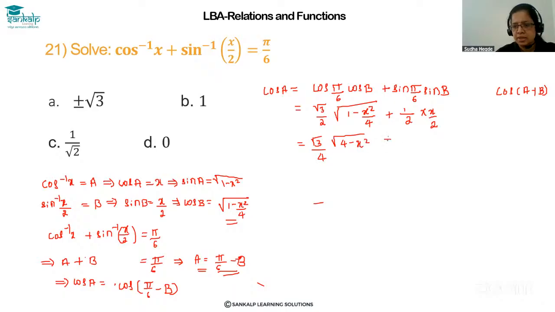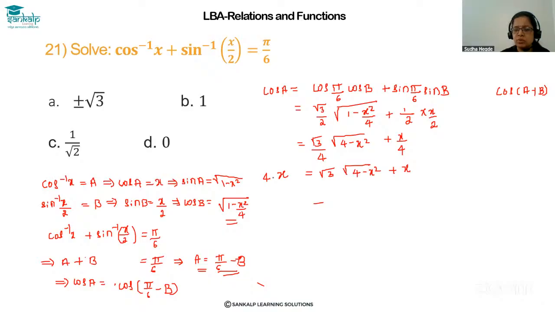Plus x/4. So both have 4. You can take this 4 to the other side. So 4 into what is cos A? Cos A is x. So 4x is equal to root 3 into square root of 4 minus x square, plus x.